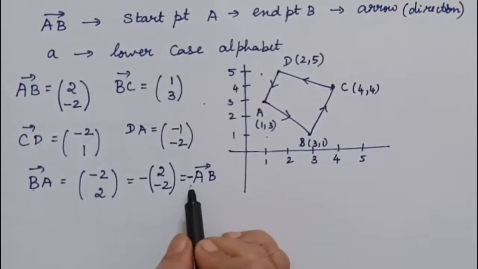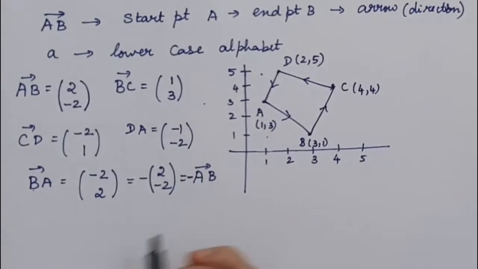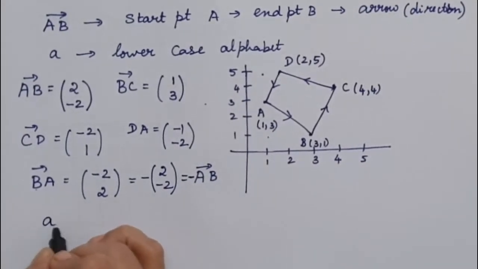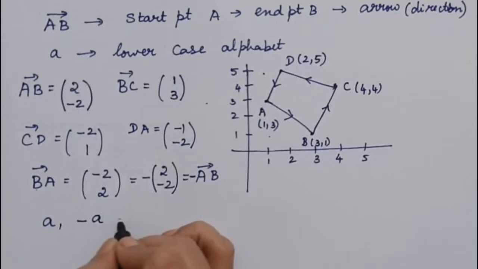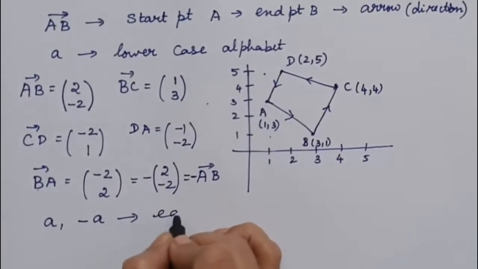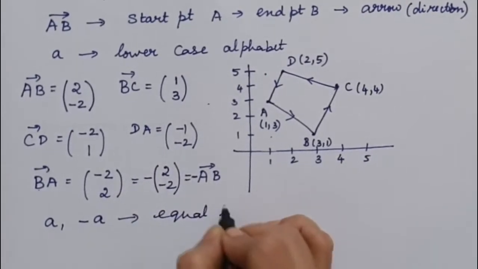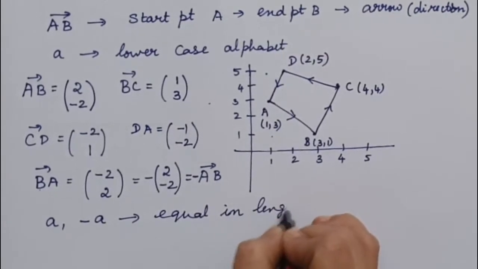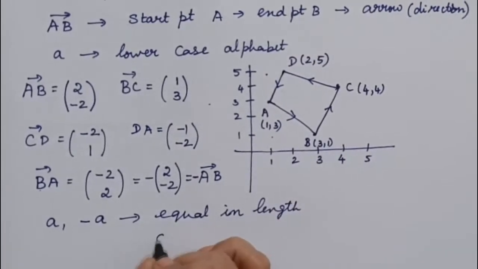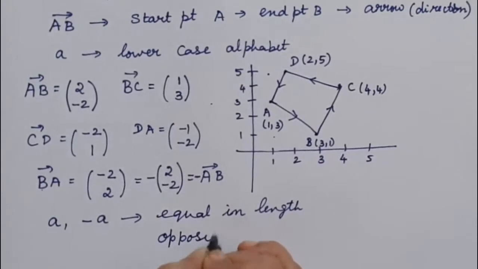So BA will be equal to minus AB. So when we take the vectors A and minus A, they are equal in length, but they are in the opposite direction.